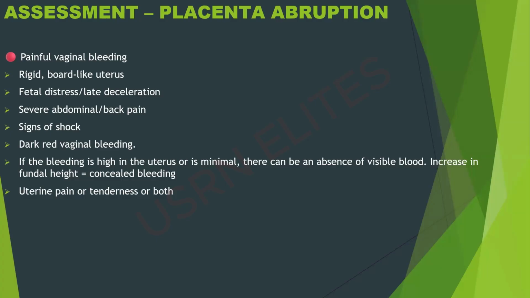And if you are seeing blood, this kind of blood is dark in color. Why? Because note that the placenta is situated high in the fundus. So before the blood passes all the way from the uterus down to the perineum, oxidation has already taken place.